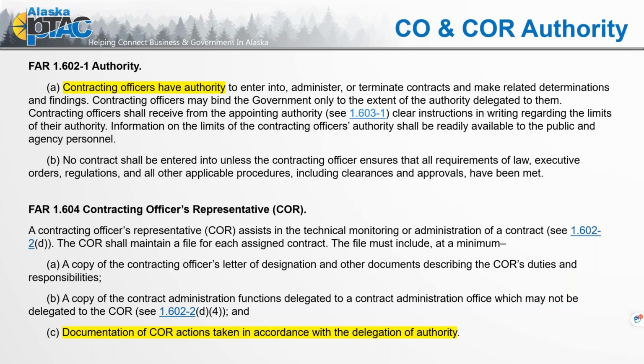The moment you have that COR identified, you really do want to see their designation letter. That designation letter clearly defines the limit of the authority under that contract for that representative to give direction. In here, documentation of COR actions taken in accordance with delegation of authority.